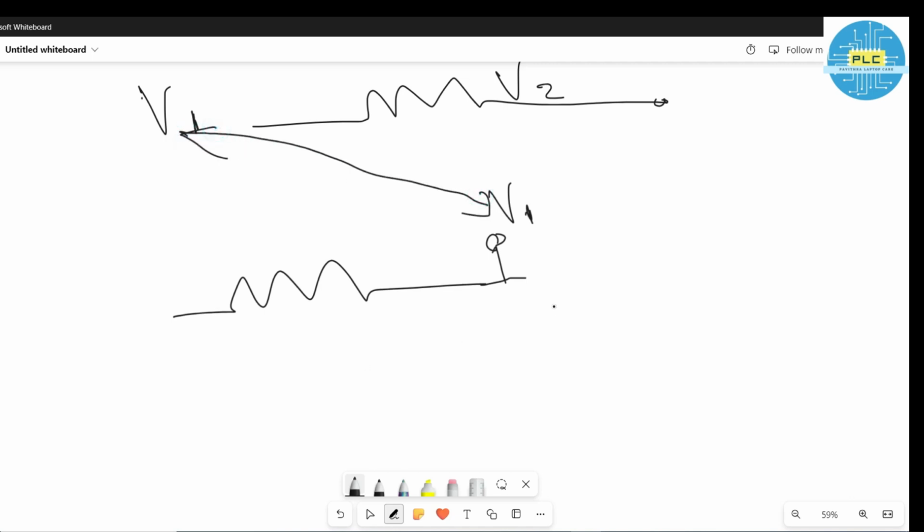Both are the same. The name should be the same, without any other characters. If it is V1 underscore 2, then it's not related to this. The exact name should be there, then we consider it the same voltage, and the continuity will be the same here and here.